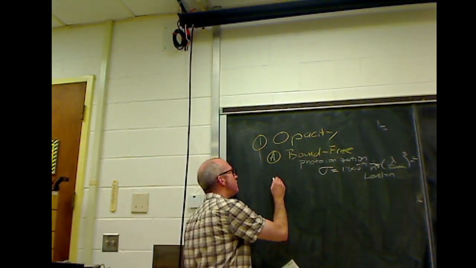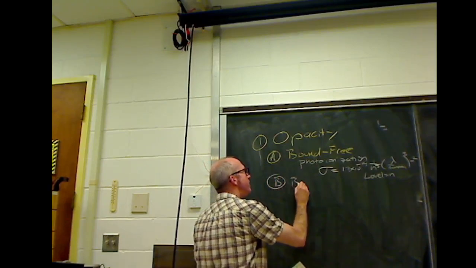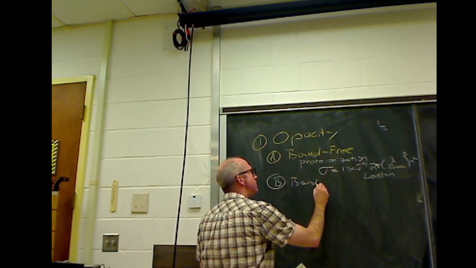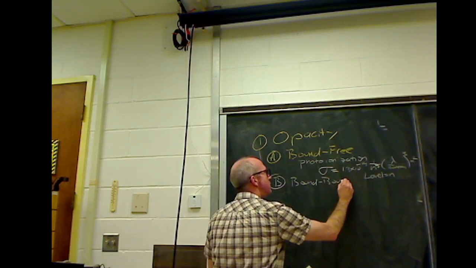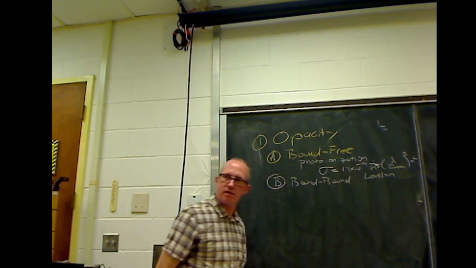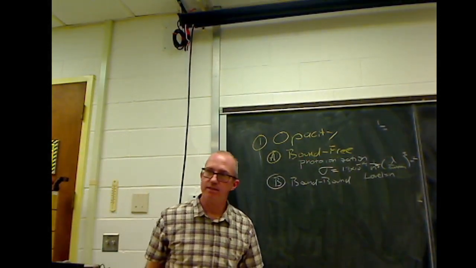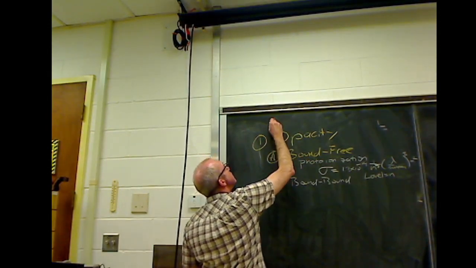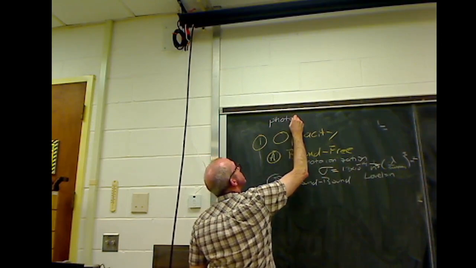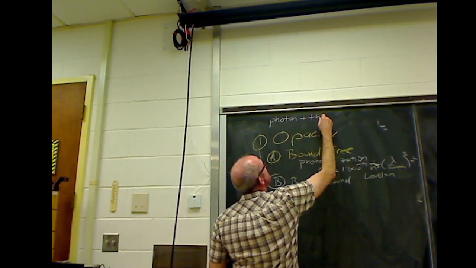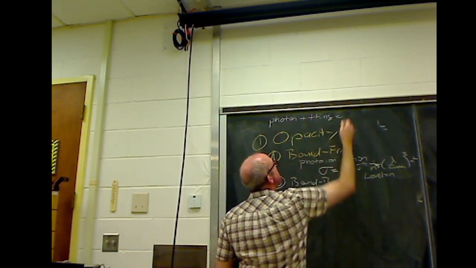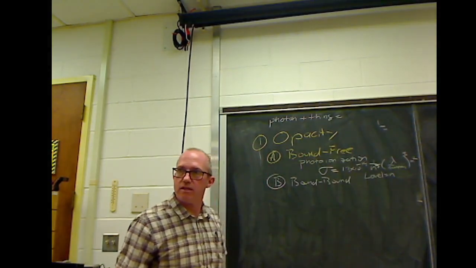So we can also talk about bound-bound. So we're talking about collisions here? We're talking about a photon hitting a thing. So we have a photon plus thing, and this is the cross section from the collision.